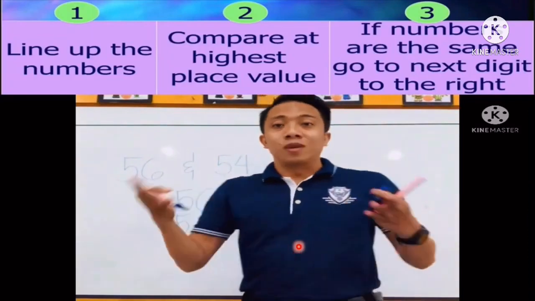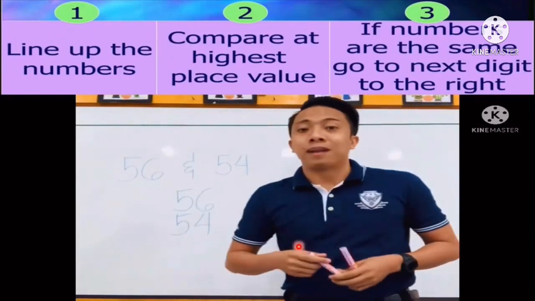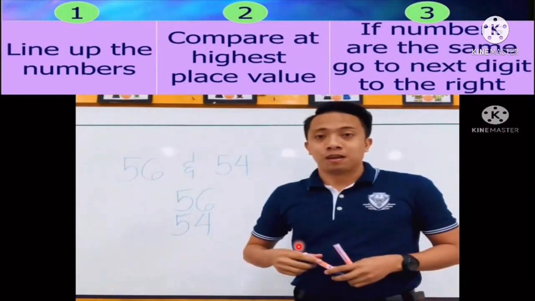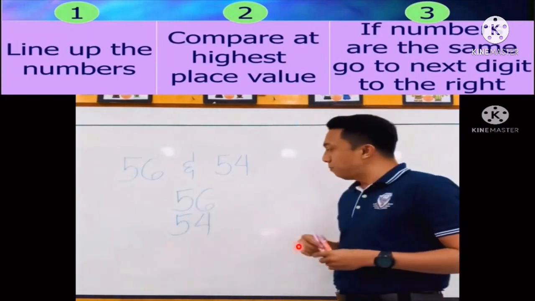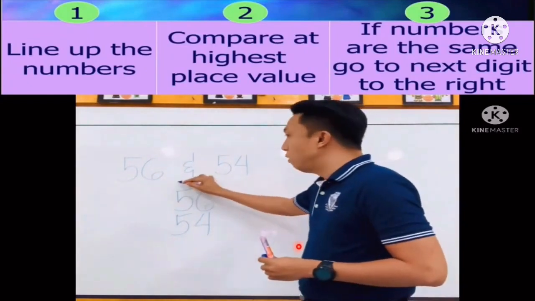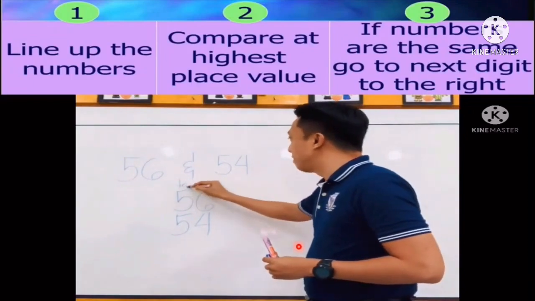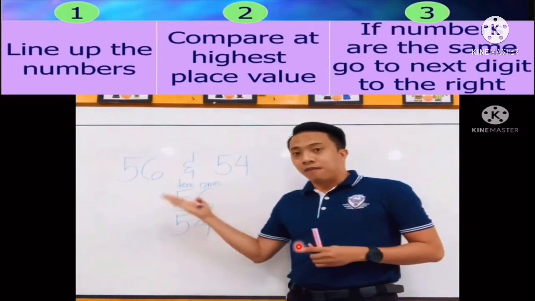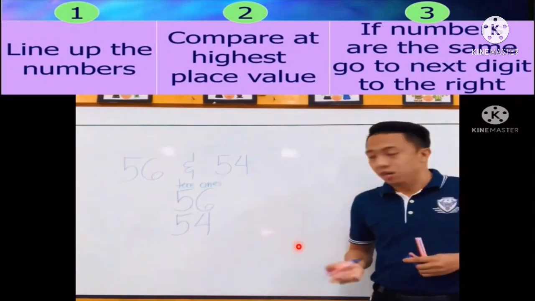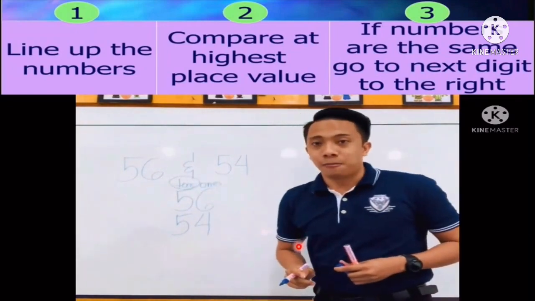Second step is we need to find which is the highest place value. Okay? Our highest place value is, what place value do we have? We have ones and tens. The highest place value with our two numbers is the tens place, right?